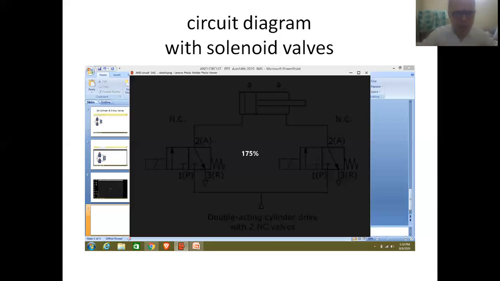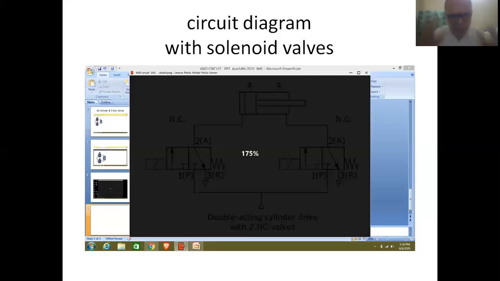So therefore, friends, fluid will be entering from left hand side of the piston, and it will be leaving from the right hand side of the piston. So therefore, this is used for performing the forward stroke of the piston.